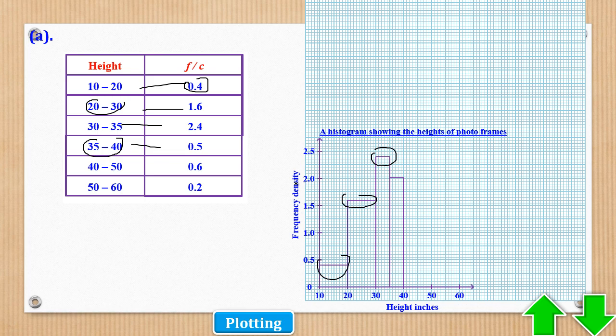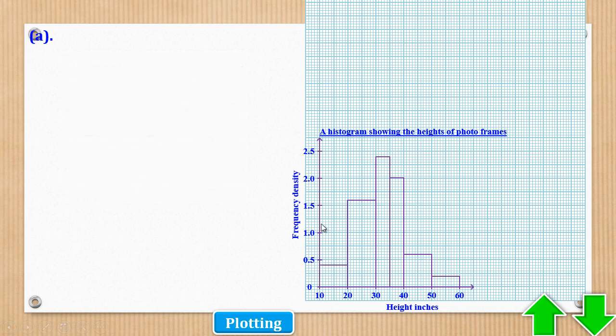And non-zero actually is 2, corresponds to 2. Then 40 to 50 corresponds to 0.6. 50 to 60 corresponds to 0.2.